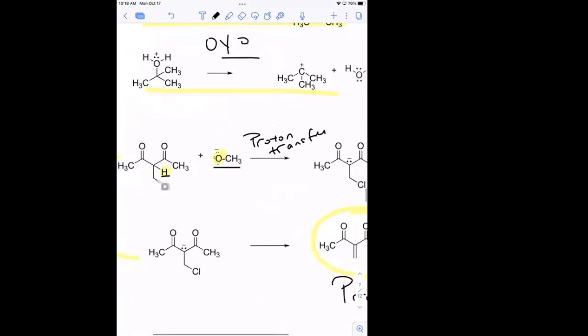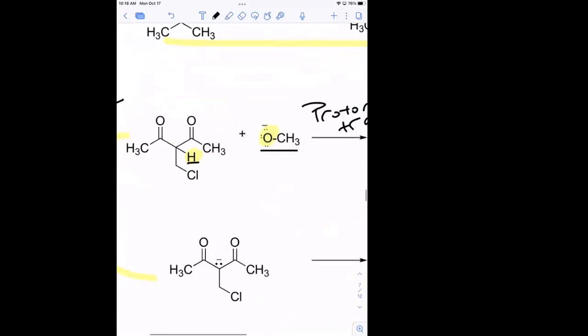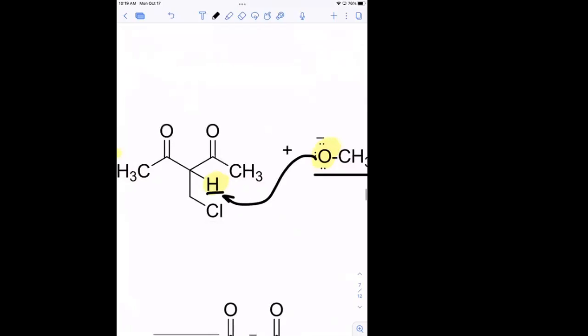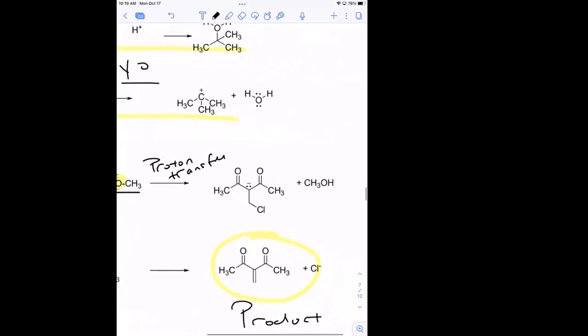The mechanism for that is just like we just studied with acid-base chemistry. If the OCH3 is a base, this proton is acidic. So let's look at what happens. I'm going to put an arrow in here to pull that off, and then those electrons go here onto carbon. Follow?